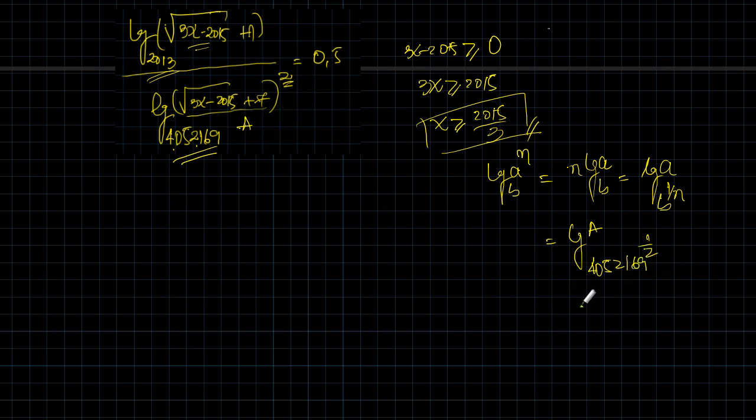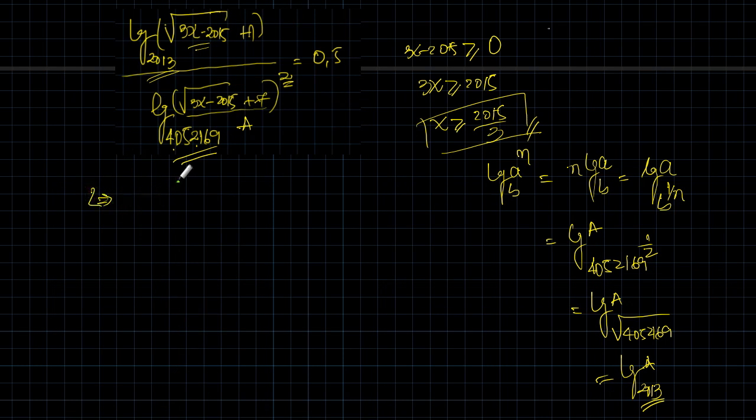So this is going to be the square root of this number. If you find the square root of 4,052,169, you're going to have 2013, so you have base a. Okay, so we continue our resolution.